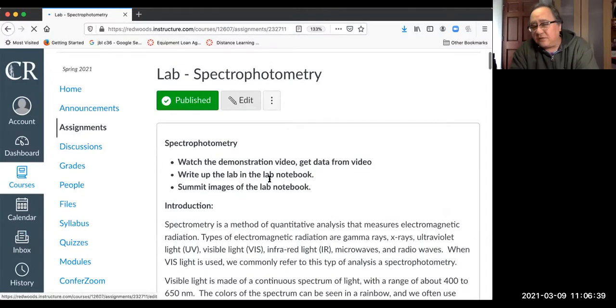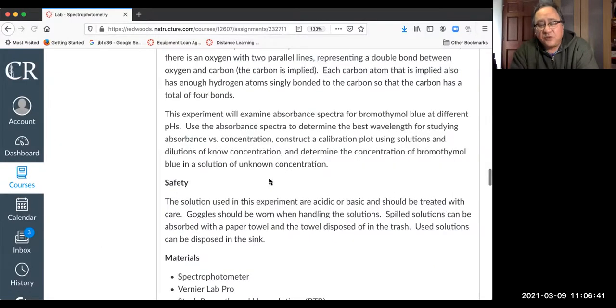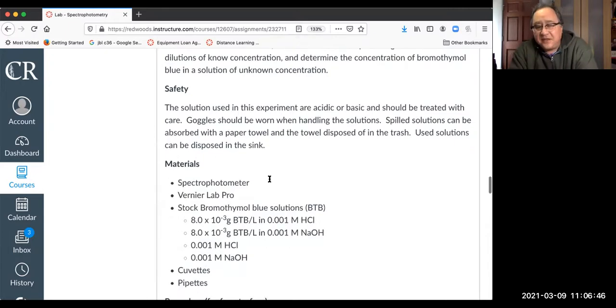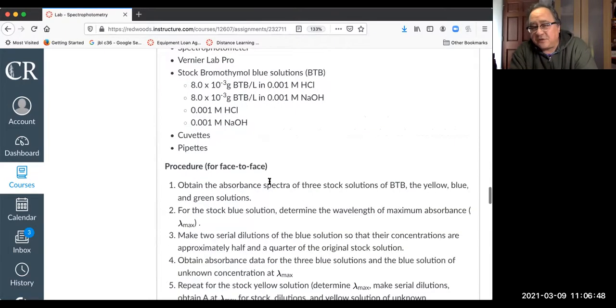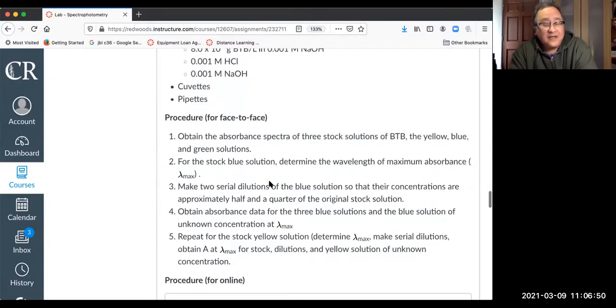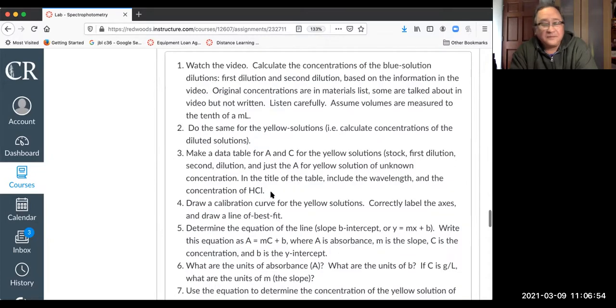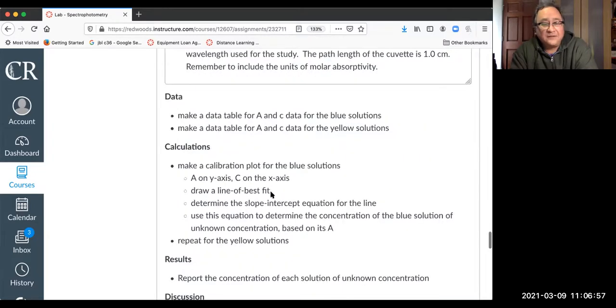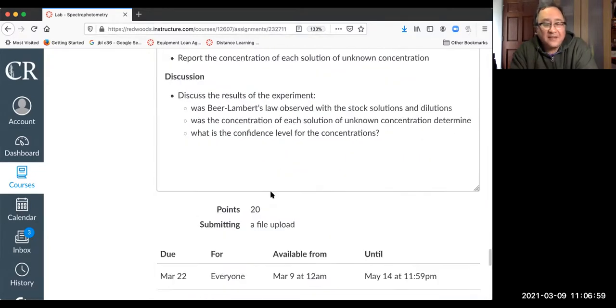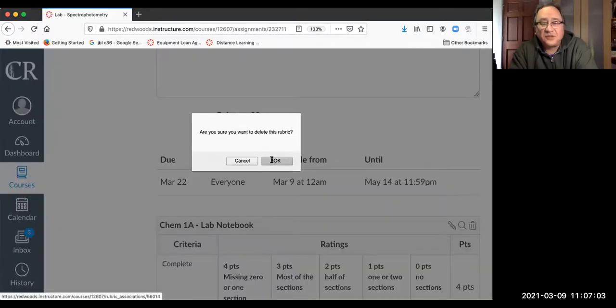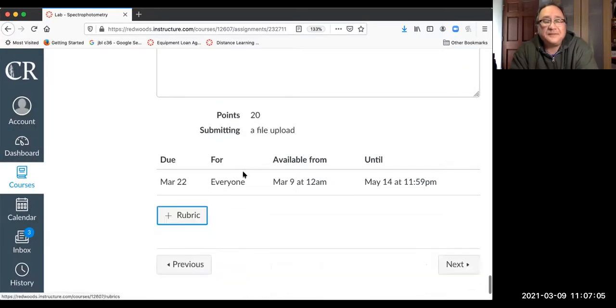Okay, so there's more background here that you want to read through. I give you a safety section, and then I tell you the materials, and I give you the procedure for face-to-face, and then I give you the procedure for online. And then let's take a look at the beginning of the video. I got to get rid of this rubric because the rubric is for 10 points.